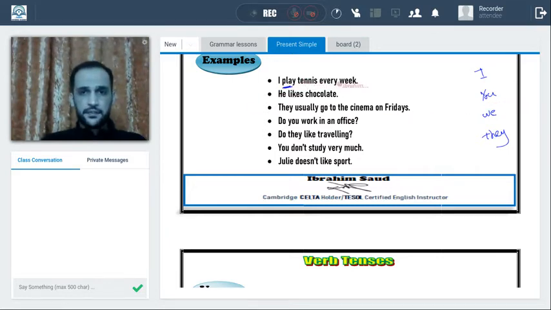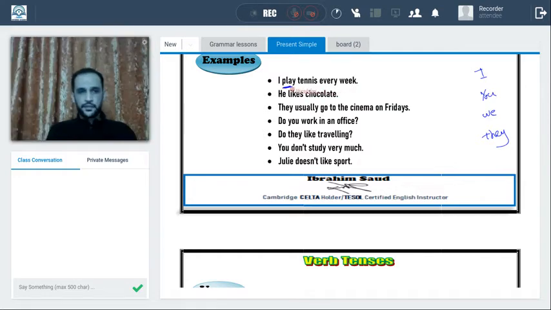I play tennis every week. I don't add anything to the verb because this is the base form. He likes chocolate. Okay, so in this sentence, I add s to the verb, as you can see.